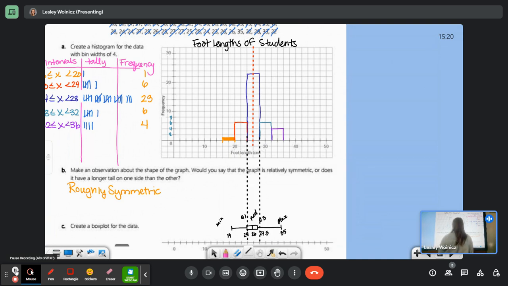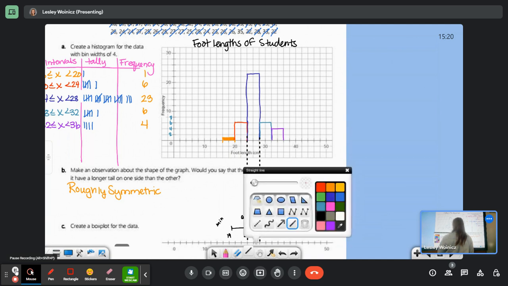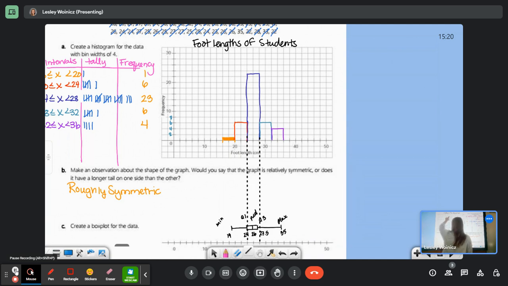We're going to have to do it on both. I mean, we could just use the same vertical line. Look at me being efficient. Okay, and it says label it. So this is my median.